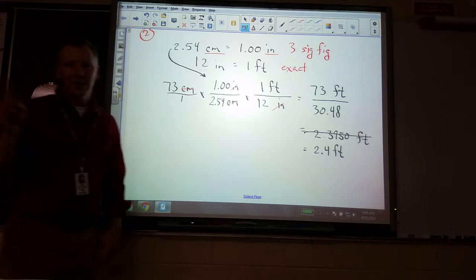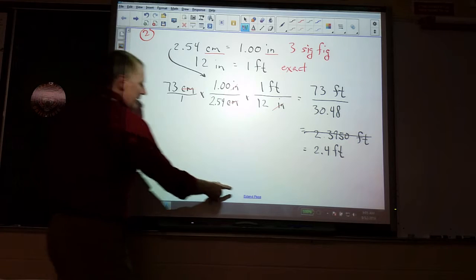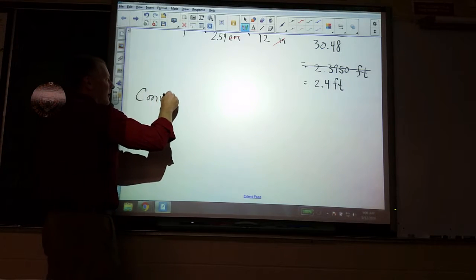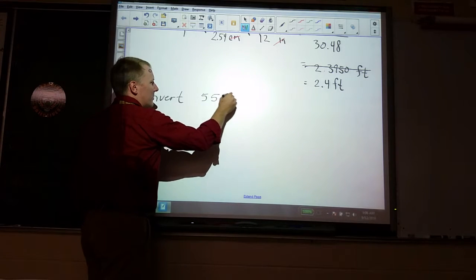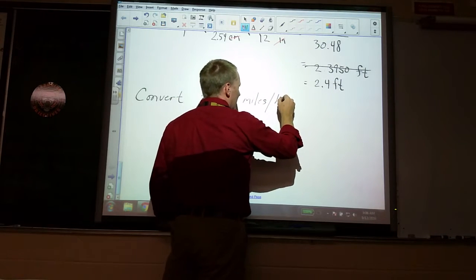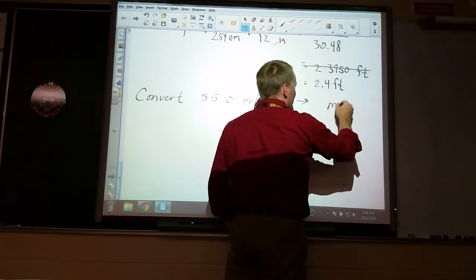We're going to have about half the hour here to practice, but I want to do one more. And that is, let's convert 55.0 miles per hour into meters per second.